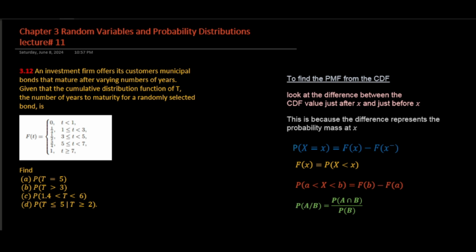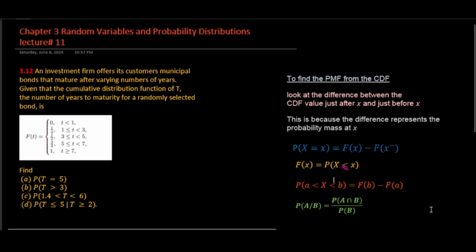Similarly, the second formula is the capital F of x. This is the definition of the cumulative distribution function, and it is equal to the probability that X is less than or equal to x, not strictly less.